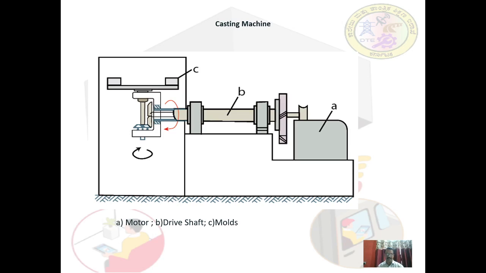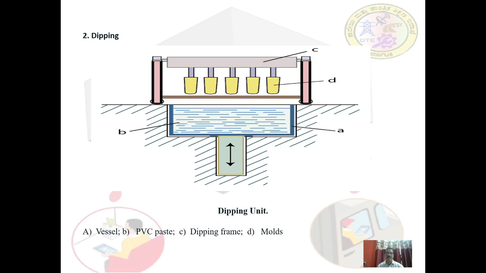Next type of molding is dipping. This is the unit used for dipping. There is a vessel A. This is the vessel into which the plastic material is taken, PVC paste here, the dipping frame, and these are actually the molds.